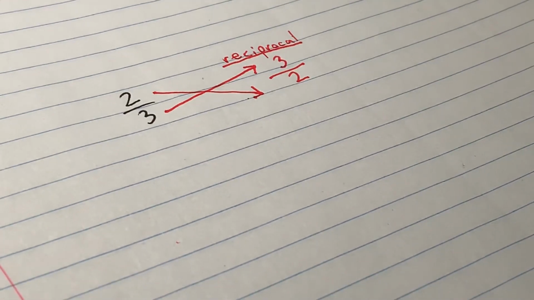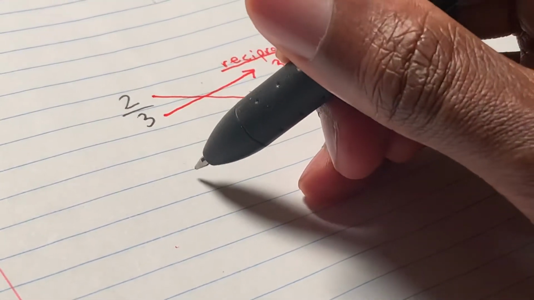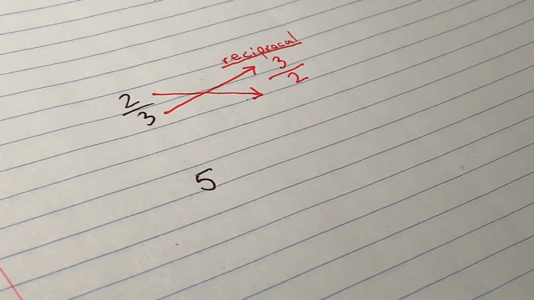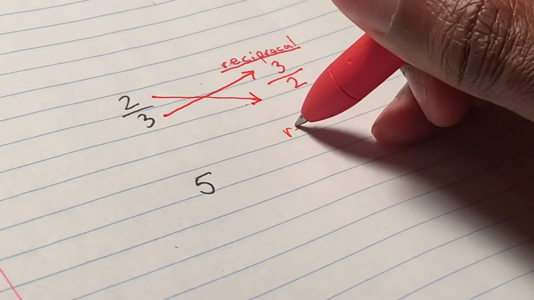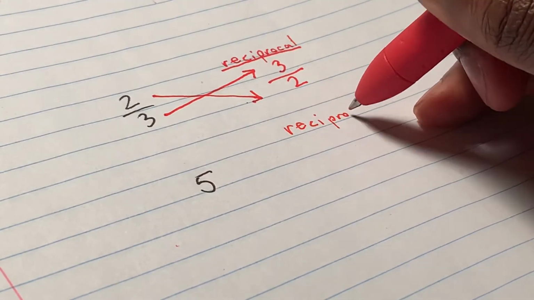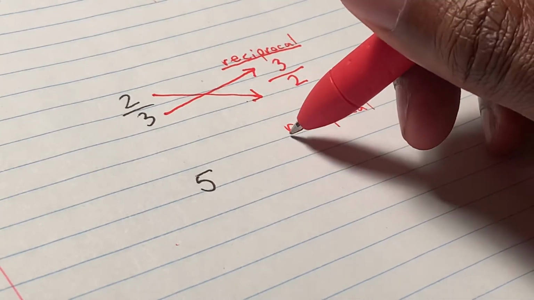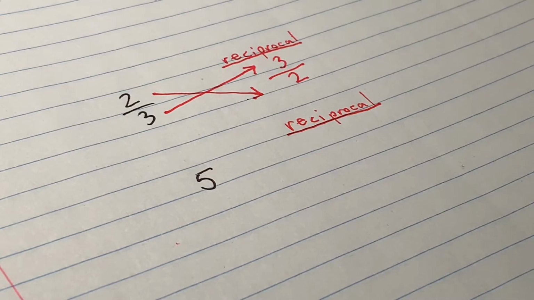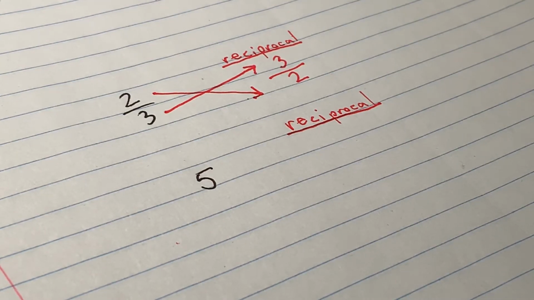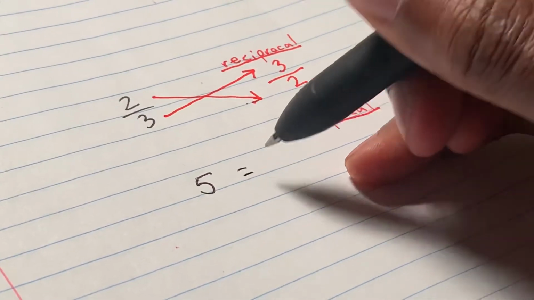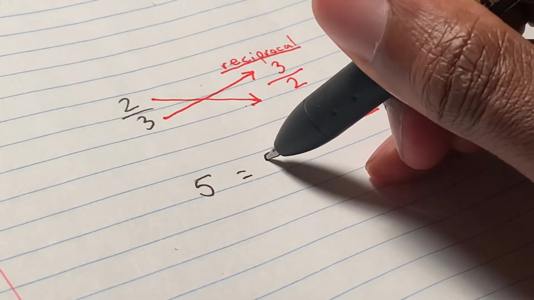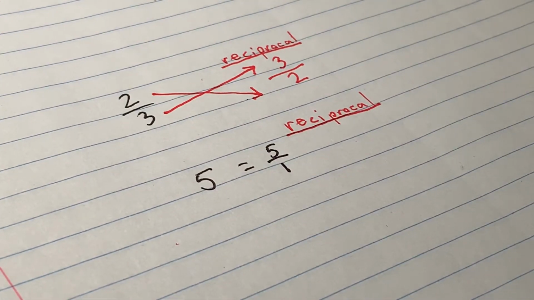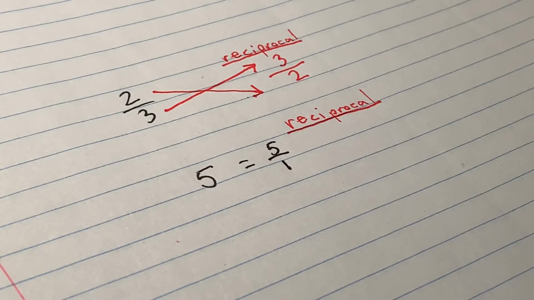Now, what happens if I have a whole number, like 5, and I say to you, give me the reciprocal of 5? You might say, wait a minute, how do you flip a whole number? You can't flip it. Well, here's the deal. You have to make it into a fraction first. We can make any whole number into a fraction. How? Somebody say it? Oh, you said put it over 1? Yeah, you're right. Now that it's a fraction, I can flip it.